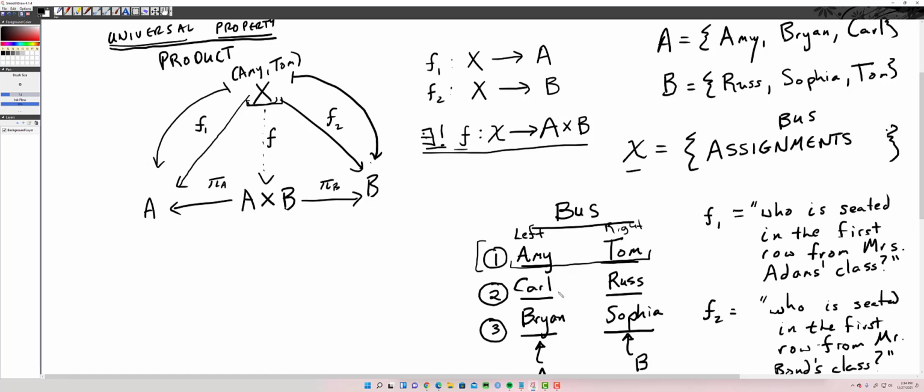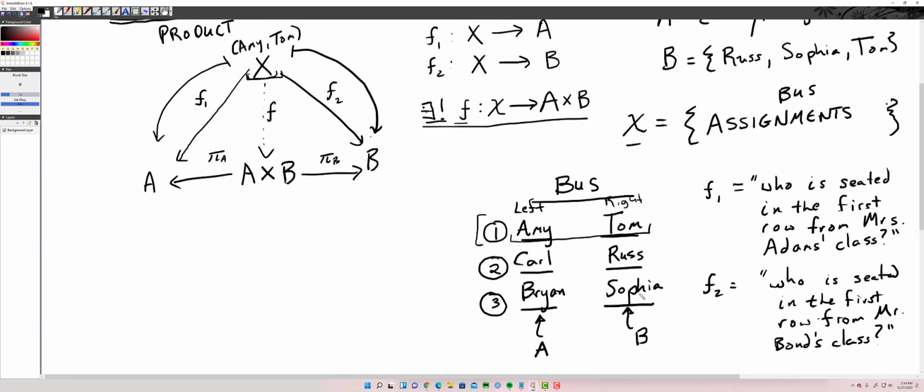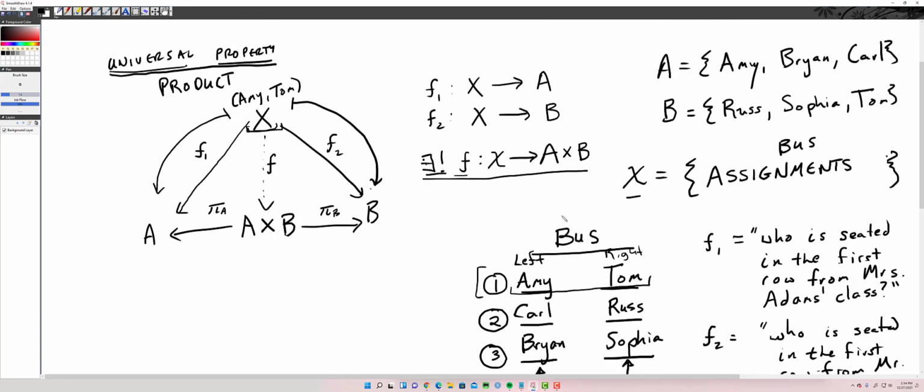Now, for this to be well defined, it's important to note that the left seat can only be occupied by people in Class A, and the right can only be occupied by people in Class B. There's probably another way to do it where it's still well defined, like you could switch these, or maybe you could mix them up. But one student has to be from each class in the row in order to use this morphism, or these morphisms.